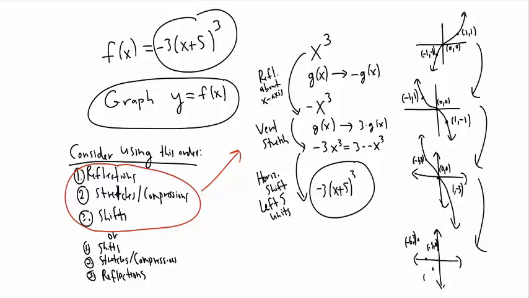And I get minus 4 comma minus 3. Here's what the graph looks like. Goes to those 3 points. Here's a better picture of it.